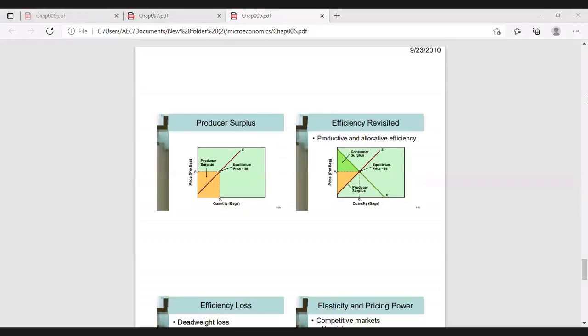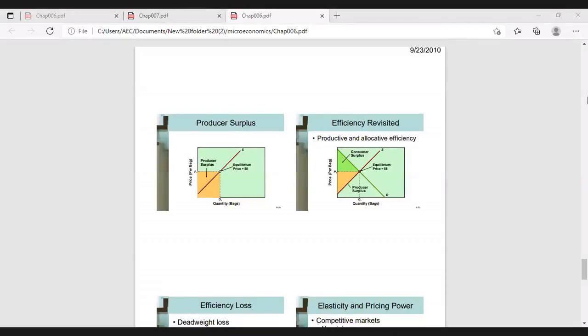So allocative efficiency occurs at the quantity level where three conditions are satisfied. One is marginal benefit equals marginal cost, maximum willingness to pay equals minimum acceptable price, and the combined consumer surplus and producer surplus is maximum.